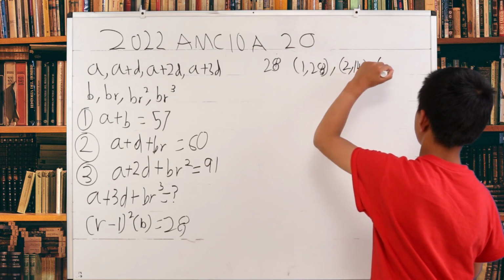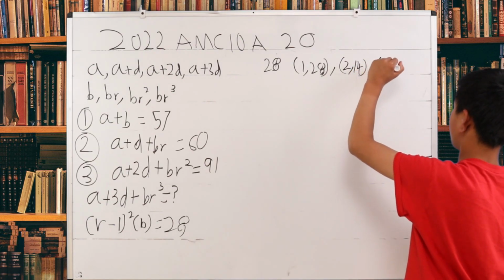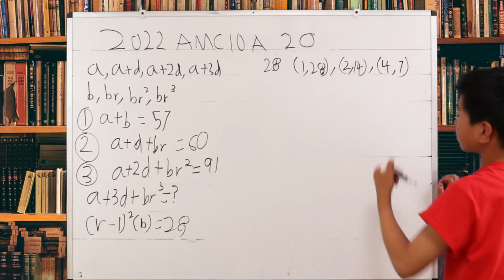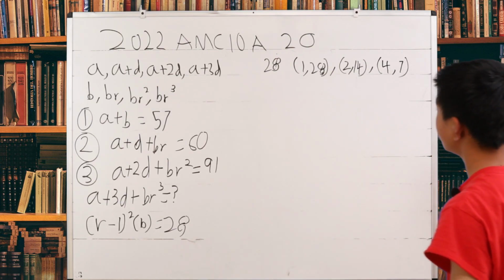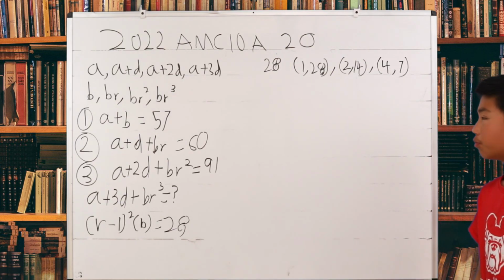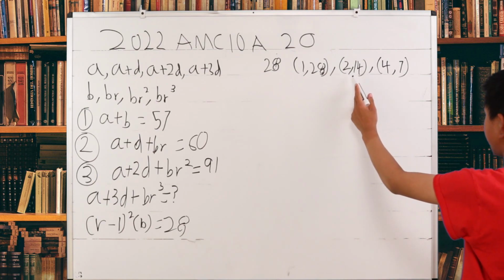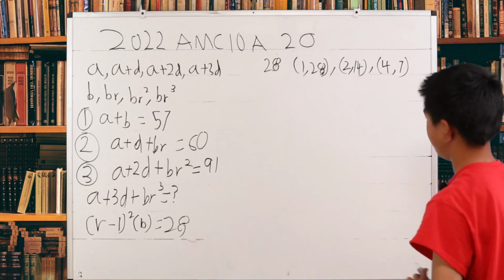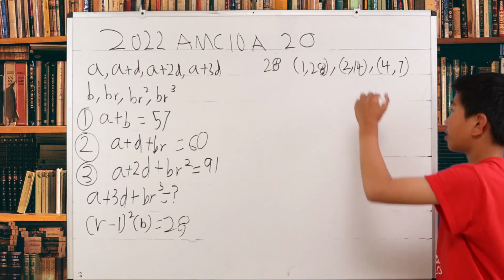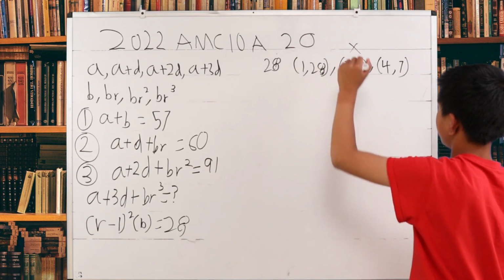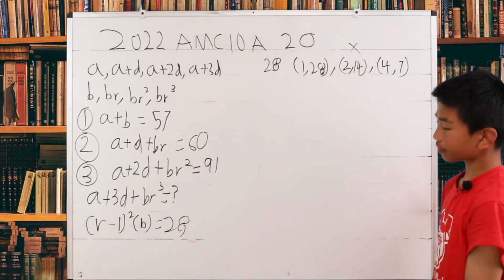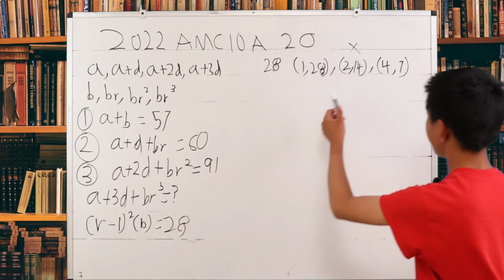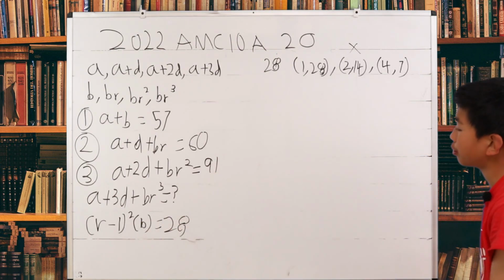And the third possibility is 4 and 7. Well, we already see a problem with the second possibility. We know that it is incorrect because there has to be a square here. Both of these terms are not a square.